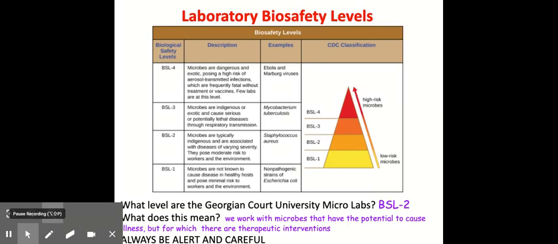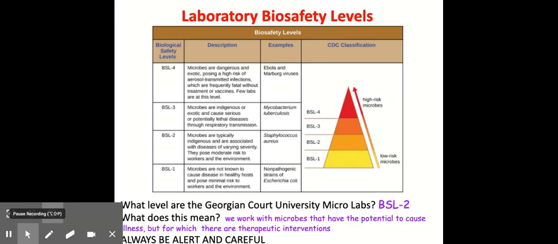A BSL 2 lab studies microbes that pose moderate risk to workers and the environment. An example of that would be Staphylococcus aureus. And a BSL level 1 lab would study microbes that are not known to cause disease in healthy hosts and pose a minimal risk to workers and the environment.